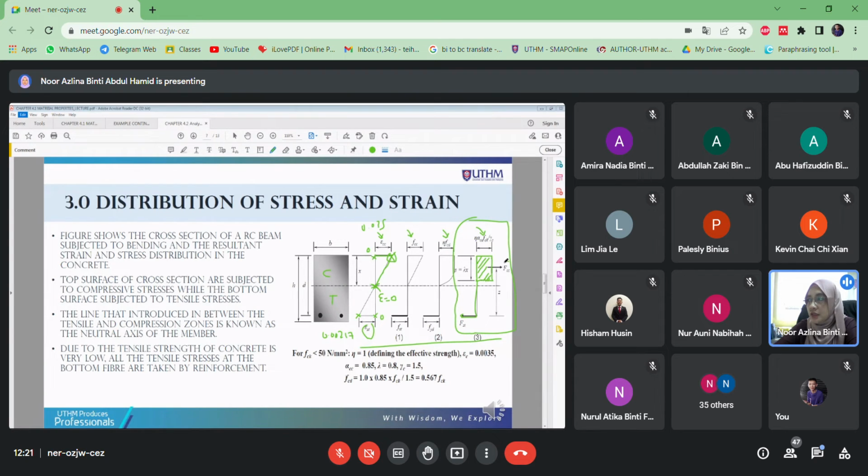This is the force of the concrete that we assume at the center of this rectangle shape. So there will be an FCC and then an FST. Sorry, kalau FST, it should be exactly at the reinforcement. This is FST.